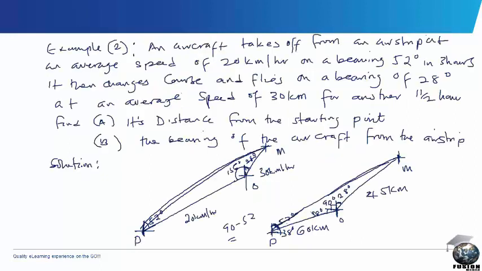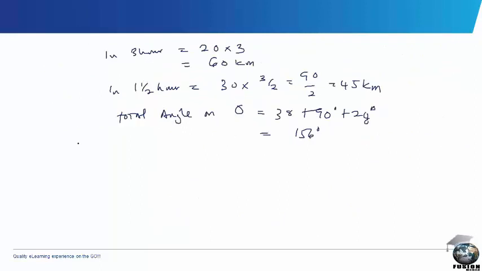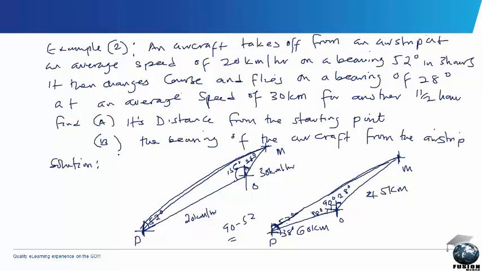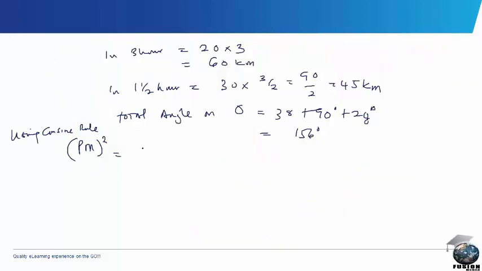The distance of separation then is PM squared, using the cosine rule. PM squared is equal to the square of the 2 given sides, PO and MO: PO squared plus MO squared, minus 2 times PO times MO times cos of the angle facing the missing side PM.